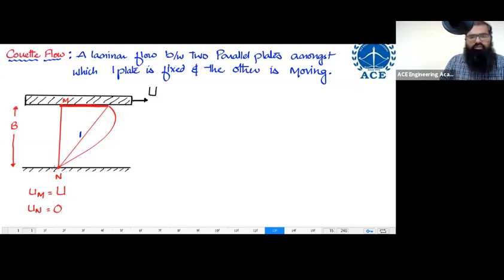The last one is known as backward Couette flow, and its velocity profile is going to look something like this. So three types of Couette flow are possible. The first one is known as simple Couette flow.